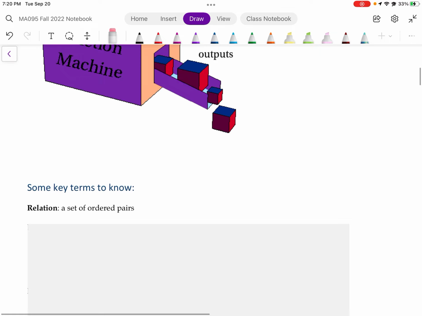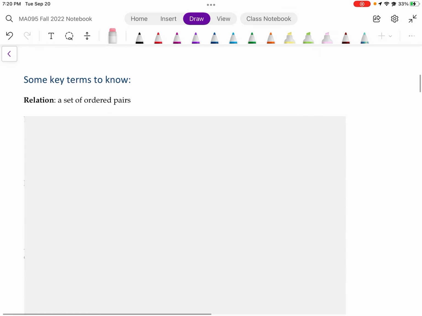Okay? So some key terms to know before we get into the details: what is a relation? It's a set of ordered pairs, and remember that an ordered pair is something like this, (x, y). So a relation is going to have usually some sort of a set sign around it, and then a bunch of ordered pairs.